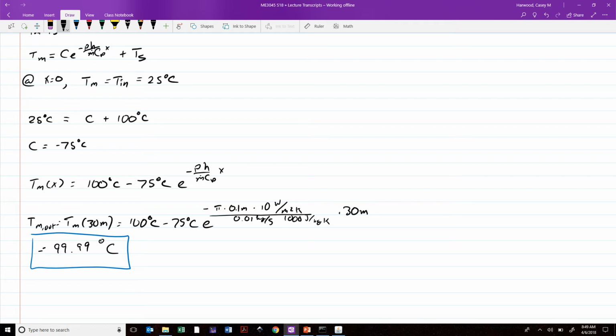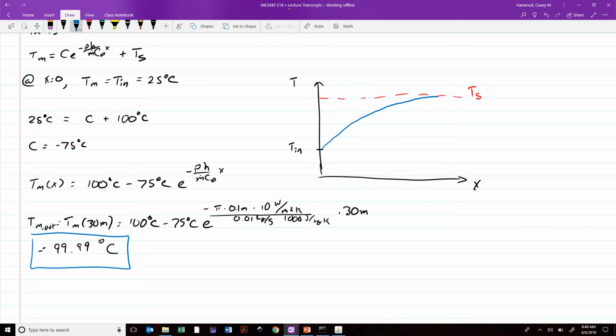So say we have x, and over here we have the temperature, and let this be the surface temperature of our pipe. It suggests that our mean temperature is going to behave sort of like this. It's going to asymptotically approach the temperature of the surface.